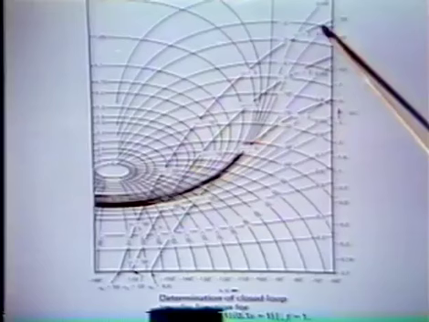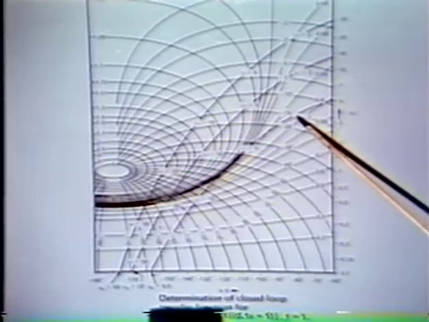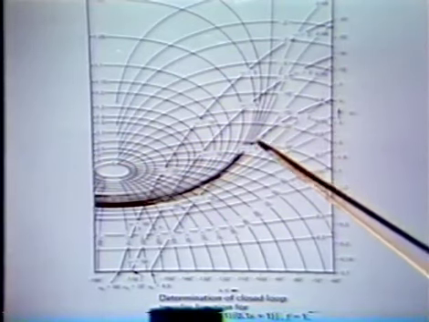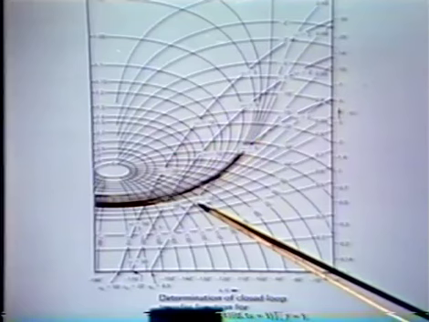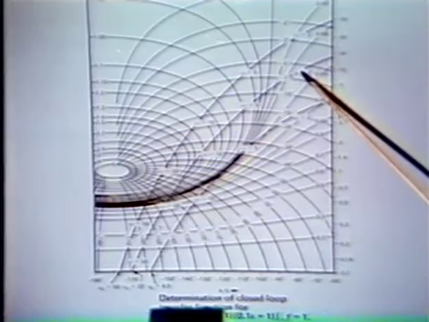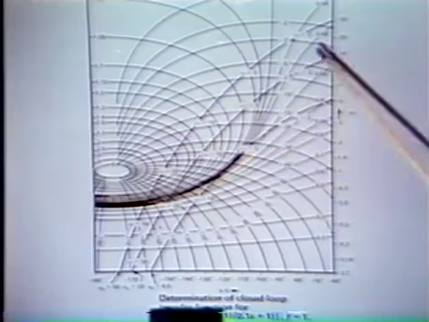Omega is a parameter along these curves. Here we have, for example, on the A0 equals 8.5 curve, omega equals 2, omega equals 5, omega equals 10. Here on the A0 equals 22 curve, omega equals 2, omega equals 5, and so forth. So omega is a parameter along this curve in the gain phase plane.